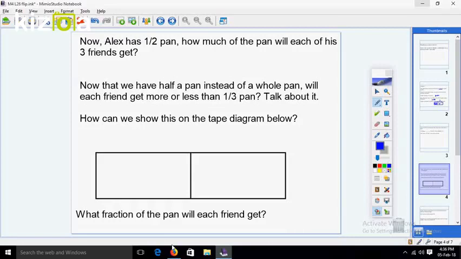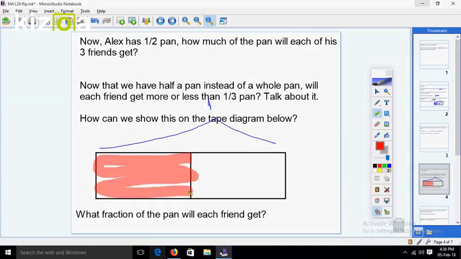So we're going to show this, of course, in a tape diagram. So I already have this here, okay? What I'm showing here is half the pan, right? So here's a whole pan. But we divided it into 2 because we're only going to talk about half of the pan. So I'm going to go ahead and shade that. All right. So there's half the pan. But we're not done yet because he still has 3 friends that he has to share with.